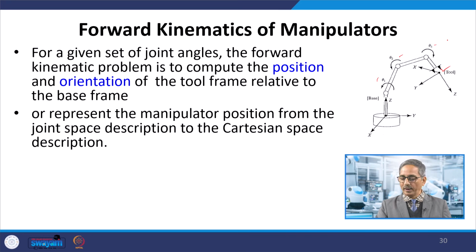So for a given set of joint angles, the forward kinematic problem is to compute the position and orientation of the tool frame, or my end effector, with respect to the base frame. This is the base frame. Here essentially we represent the manipulator position from the joint space, that is from joint angles, to the Cartesian space.